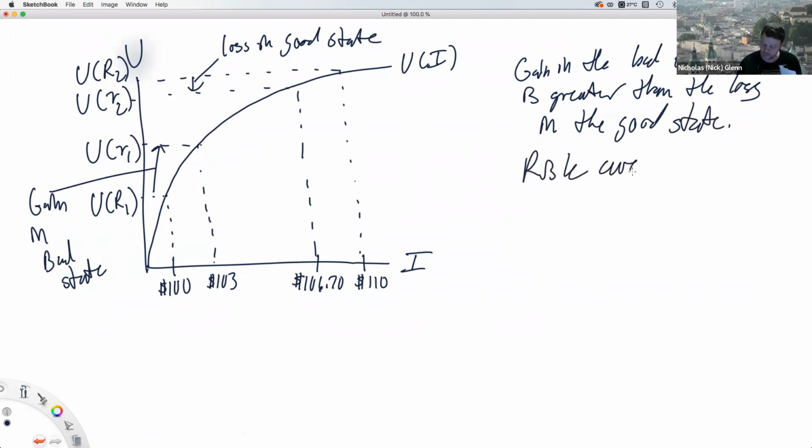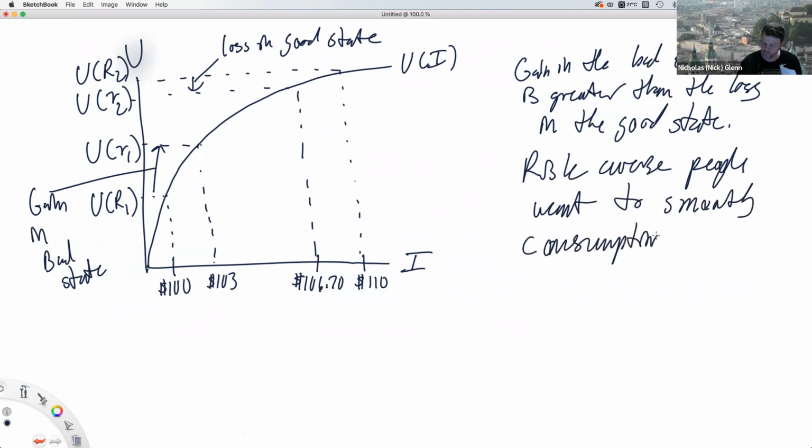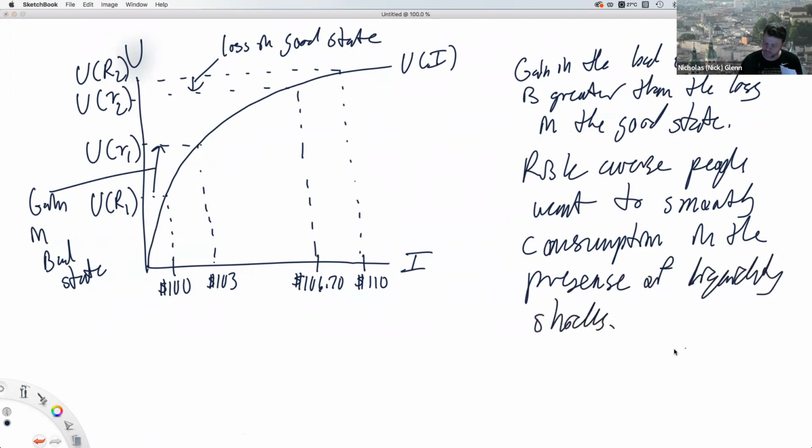Risk-averse people, they want a smooth consumption in the presence of liquidity shocks. Decrease variance. Why do they want to decrease variance? To avoid downside risk.